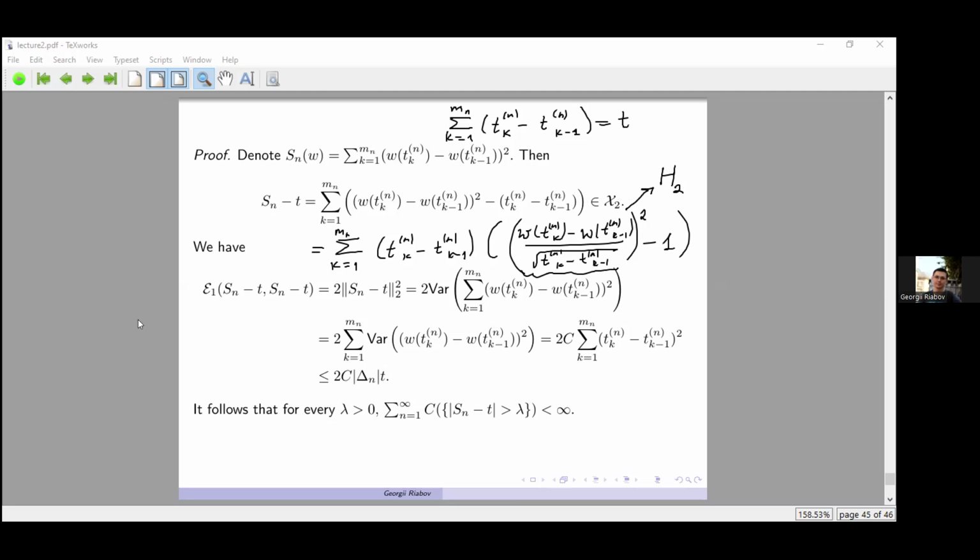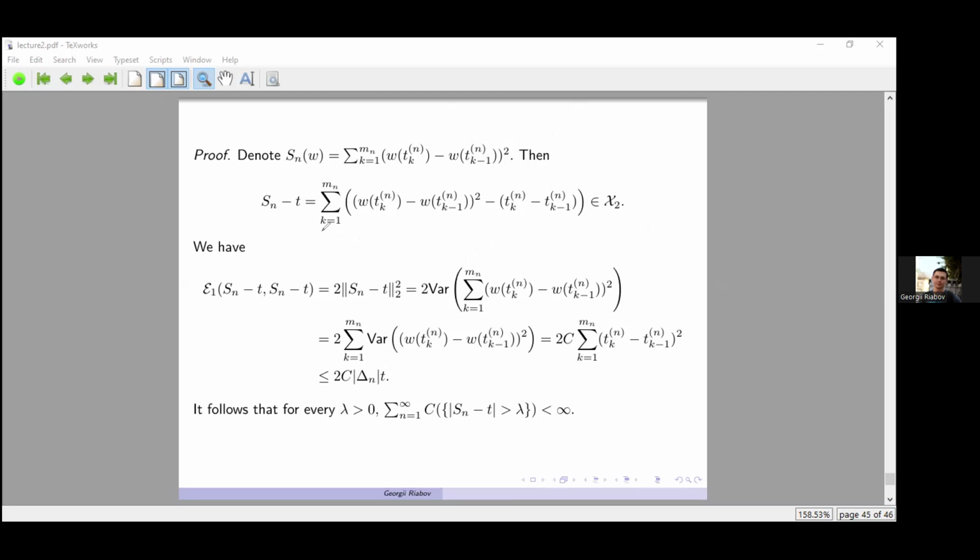In particular, the projection of the difference S_n minus t on a space X_k is equal to 0 when k is not equal to 2, and it coincides with S_n minus t when k is equal to 2.